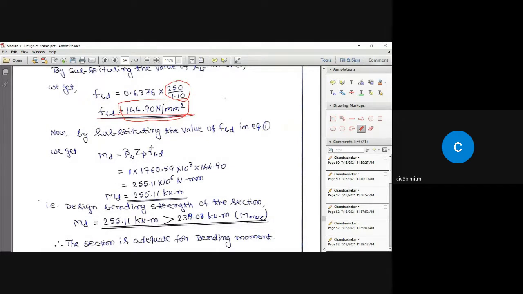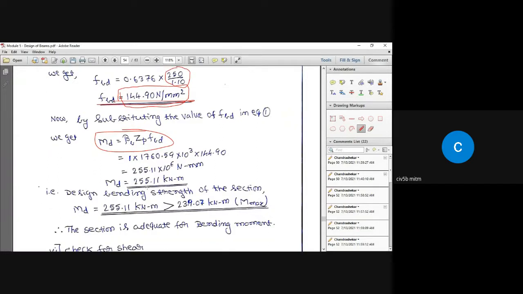Beta B is known, ZP is known, FBD we just now calculated. Find out what is the MB value, which is 255.11 kilonewton meter. That is the design strength or design capacity of the section we have selected by taking lateral torsional buckling into consideration.